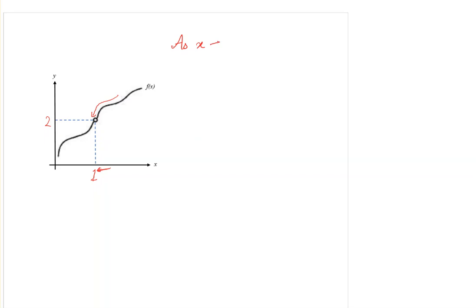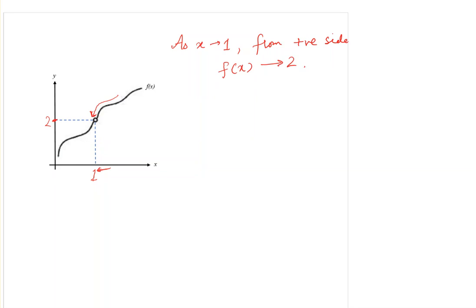So as x approaches 1 from the positive side, or the right side, we can see that the value of the function y approaches 2. So f(x) approaches 2.